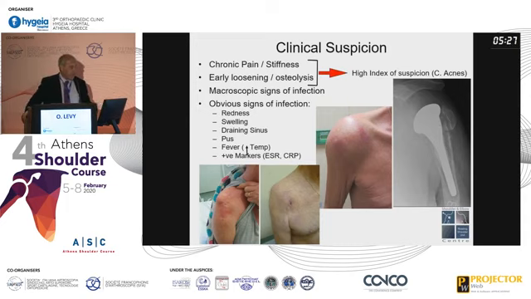So you have chronic pain, stiffness, early loosening, osteolysis, high index of suspicion for infection with C. acnes. You can have obvious signs of infection. You can have the redness, swelling, draining sinus, pus, temperature, and the markers are high, but you can have all of them normal.